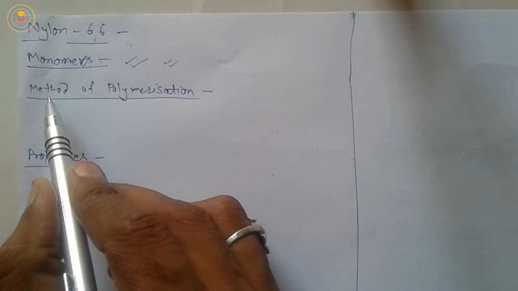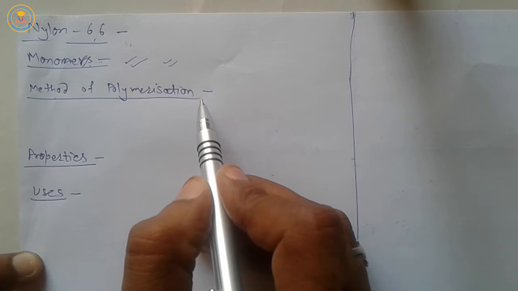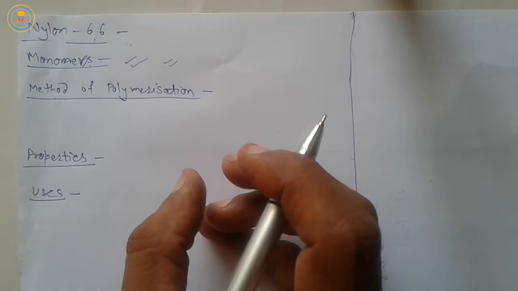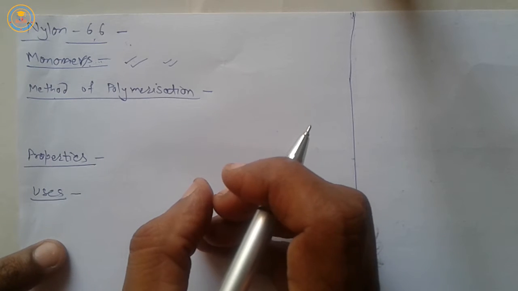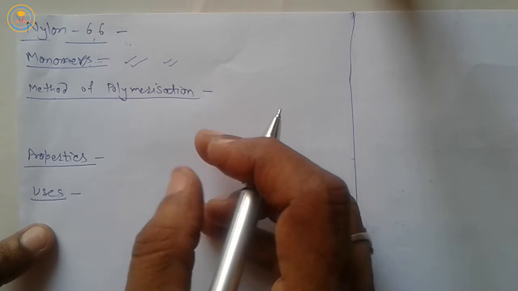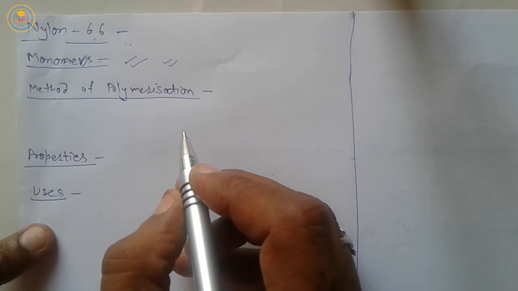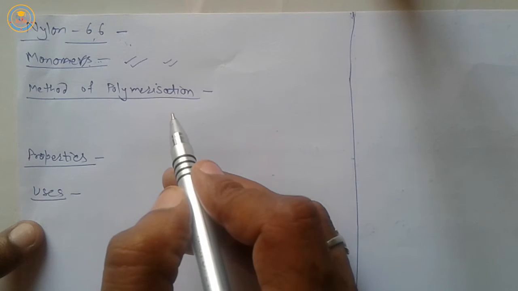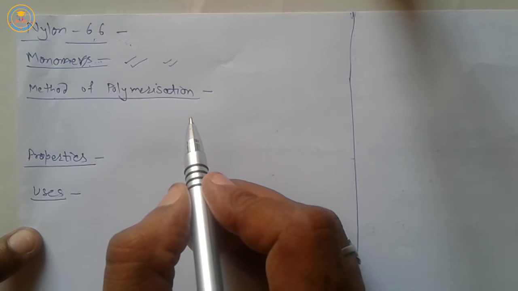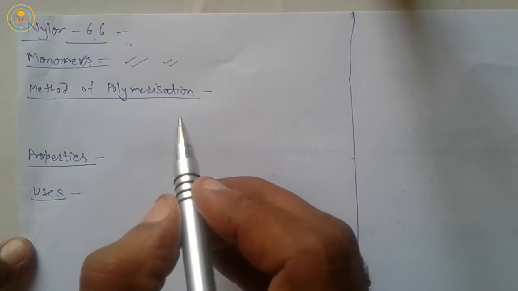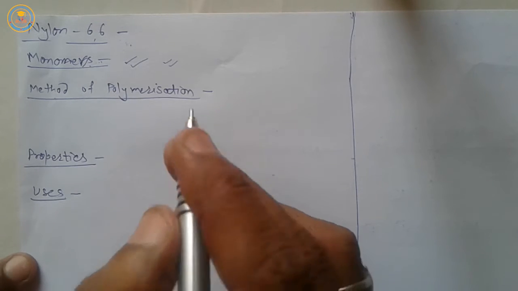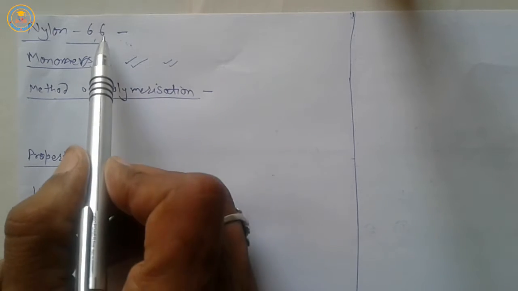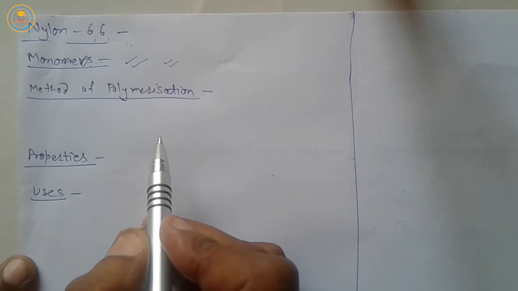Now next, method of polymerization. It is a condensation polymer made from hexamethylene diamine and adipic acid monomers. After the condensation polymerization process, the monomers are converted into nylon 66.